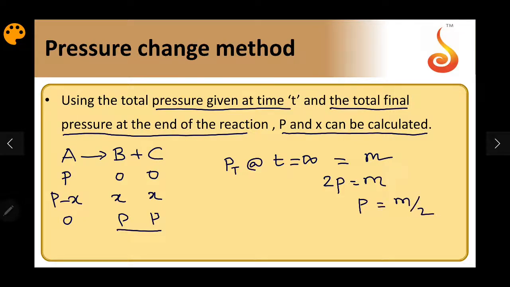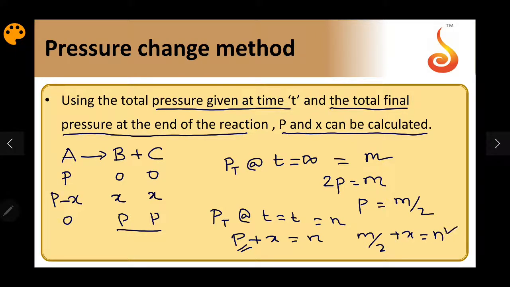Then the total pressure at time t is, say, n. Now what is the total pressure at any time t? P minus x plus x plus x; one x gets cancelled, it becomes P plus x is equal to n. I know P is m by 2, therefore m by 2 plus x is equal to n. So I know n, I know m, I can calculate x. Once I get P and x, I can substitute in the equation to get the rate constant k.